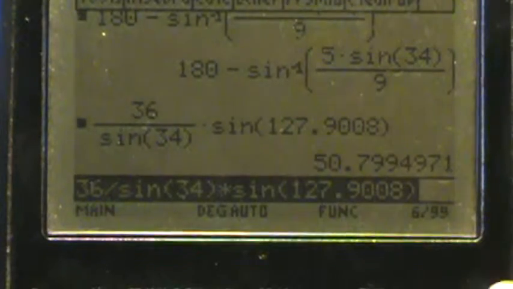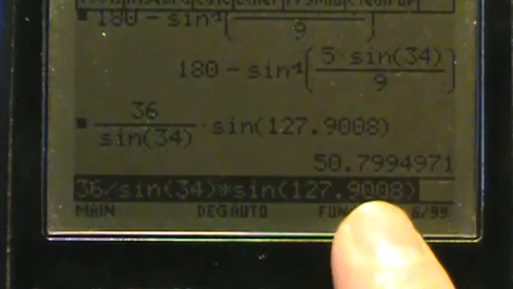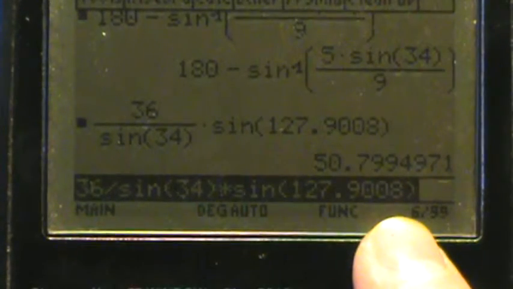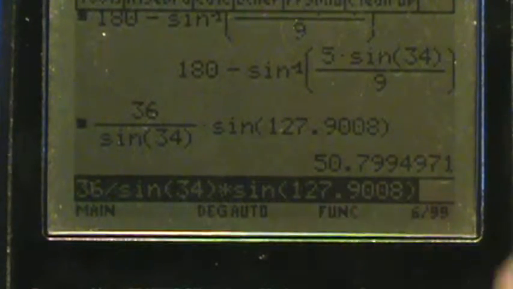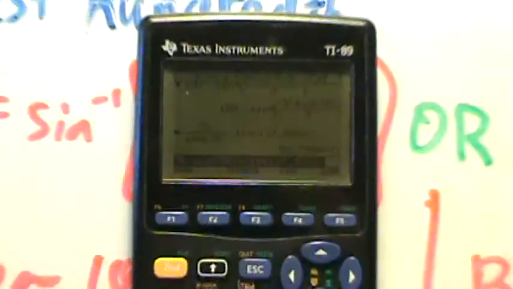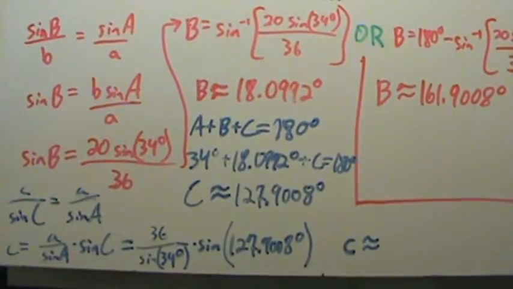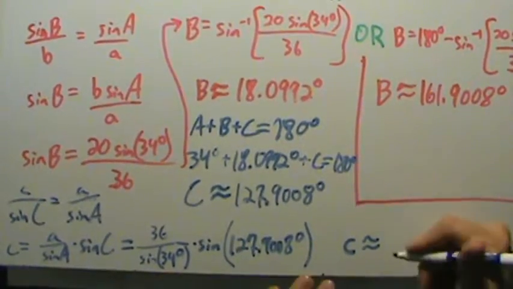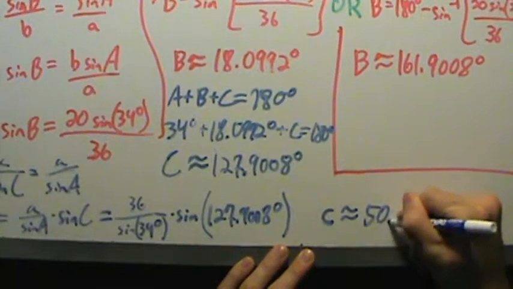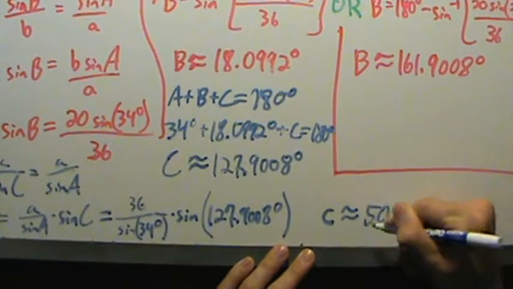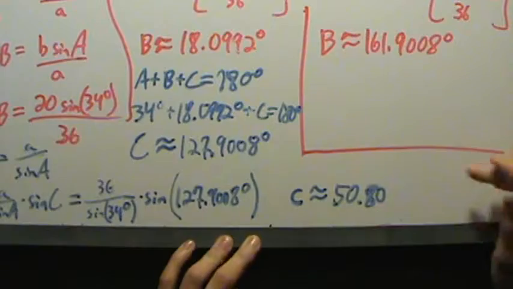But since we're pretty much done with that case, we only have to round out to 2 decimals. So let's say 50.80. Okay, so c is about 50.80. Okay, so that's it for that case.